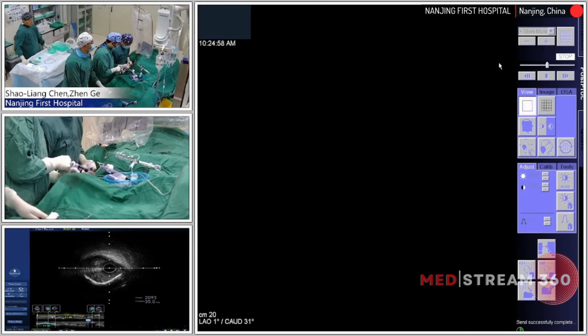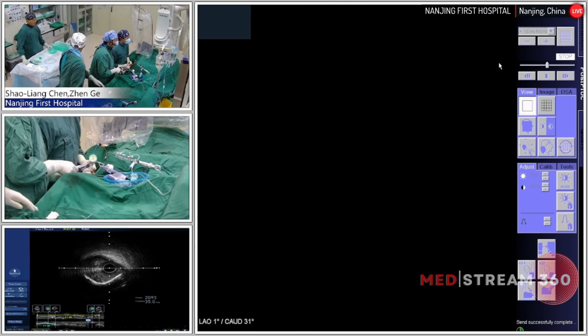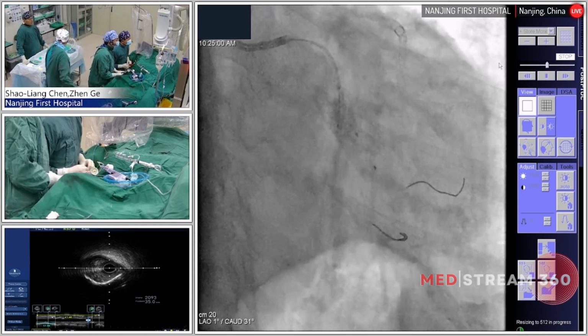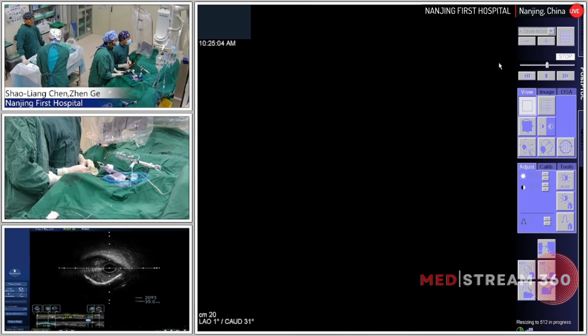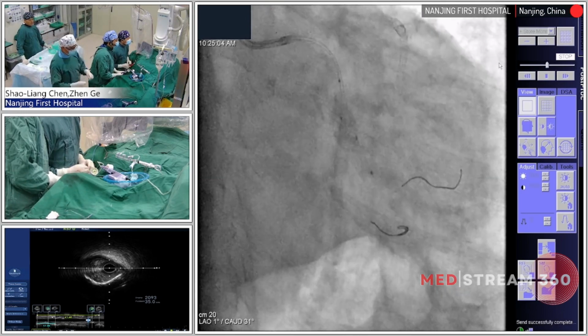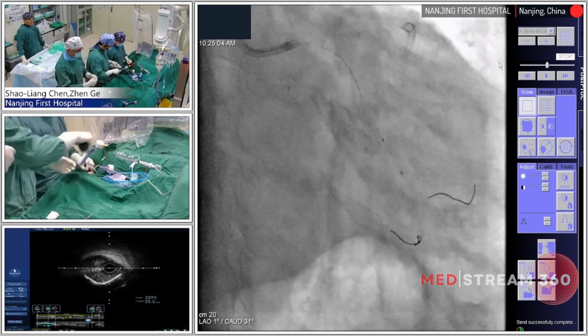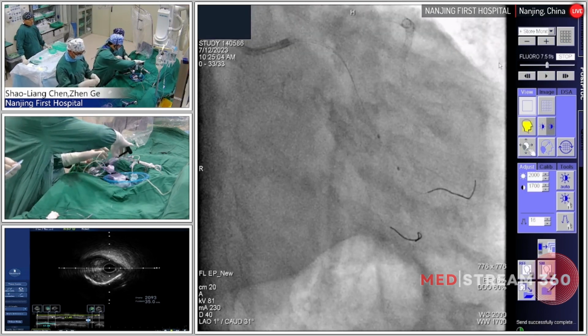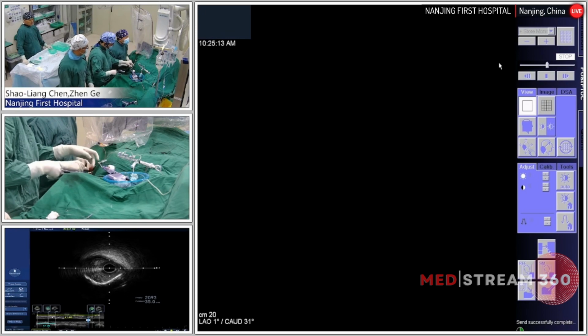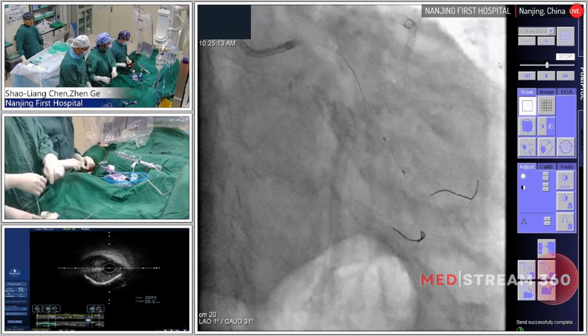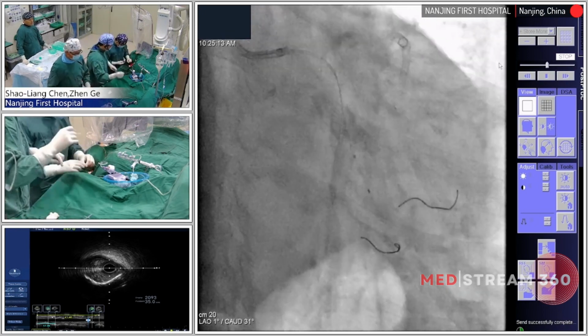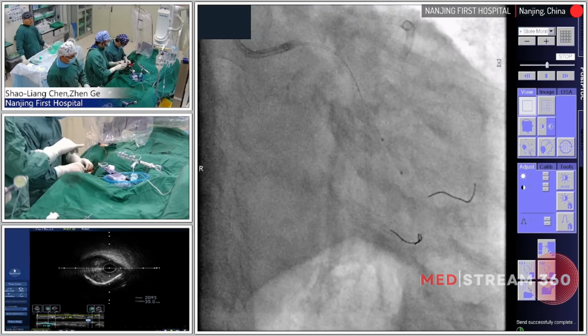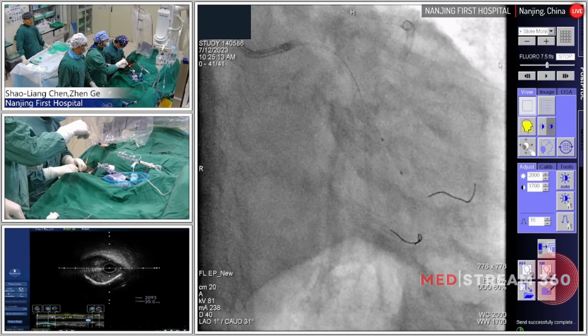Great. So this is the stent balloon, right? Yeah. According to the standard technique, after stenting the side branch, because the side branch stent is sized according to the distal circumflex, it should be undersized. It's much smaller than the proximal circumflex.